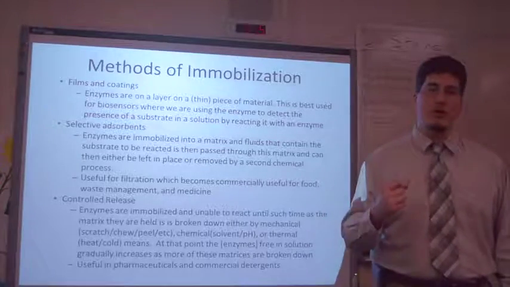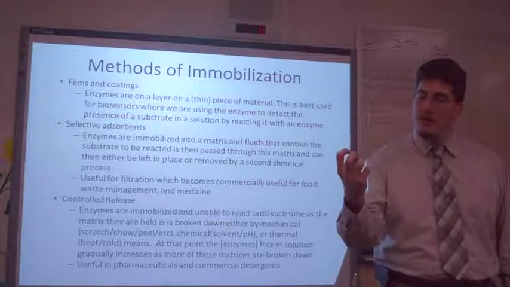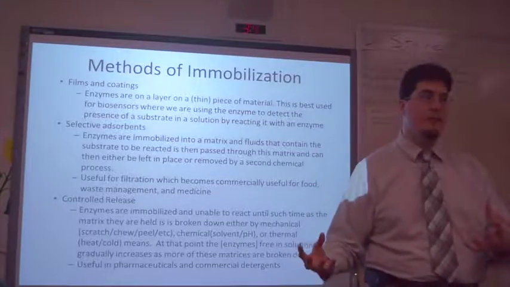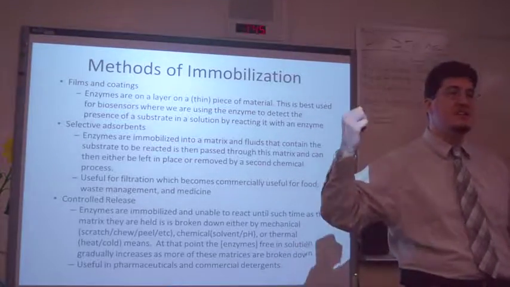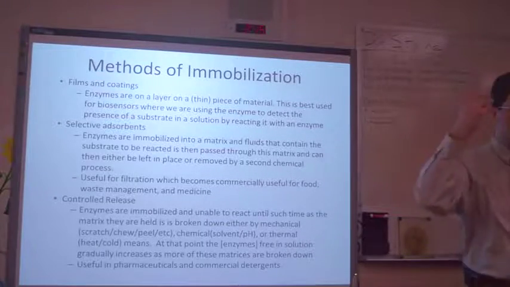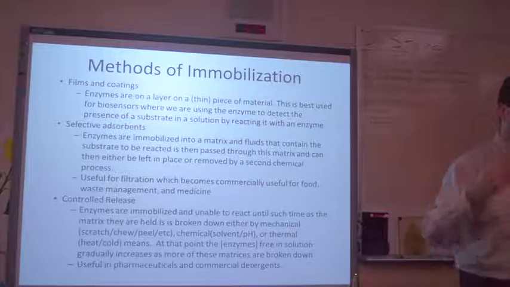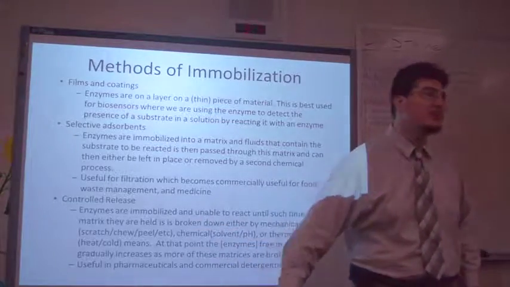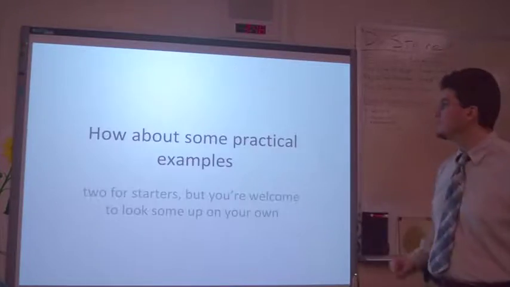But this is really more of you're holding it and then dissolving that and it becomes free enzyme. It's bound enzyme and then it becomes free enzyme. So it's not controlled, but it's delayed. This is when you have time-release medications and the like.